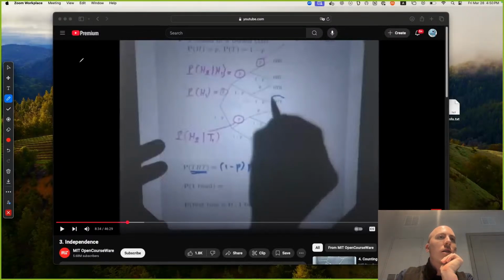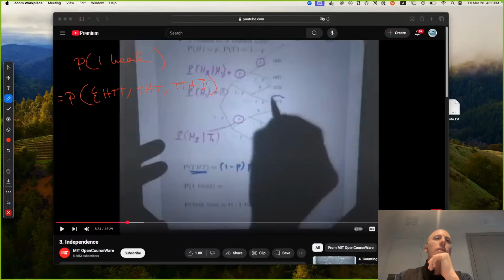So this event is a set of outcomes: heads, tails, tails; tails, heads, tails; and tails, tails, heads. What's the probability of this event?